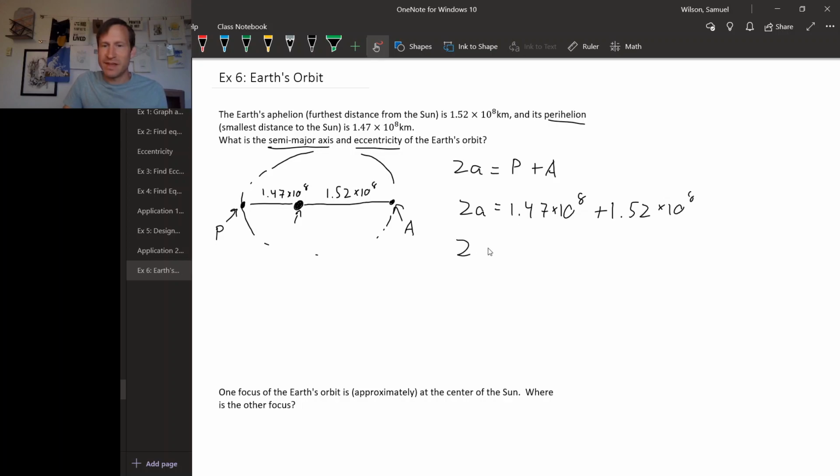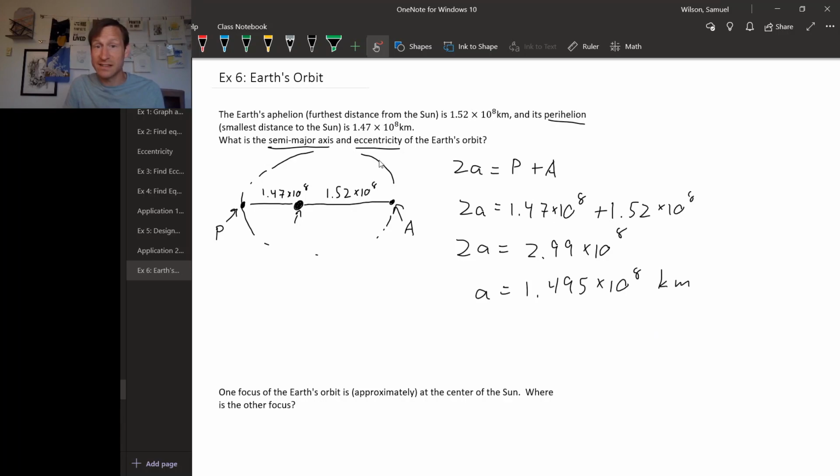Okay, so that means that the major axis is 2.99 times 10 to the 8th. And then to get the semi-major axis, we just divide that by 2. So 1.495 times 10 to the 8th. Okay, so there's the semi-major axis, and that's in kilometers.